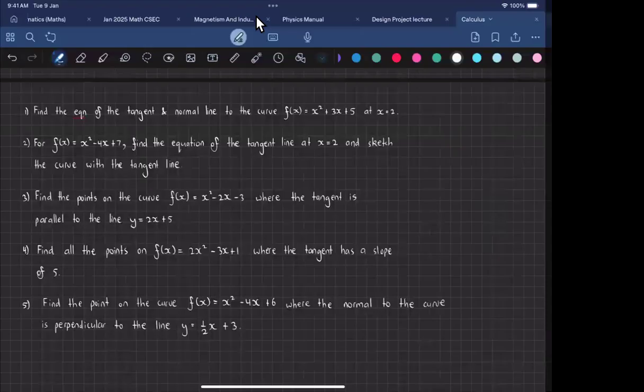I get the equation of the tangent already: y is equal to 7x plus 1. That's correct. Nice. The equation of the normal is kind of creeping me out because I get a big fraction. You get a big fraction. That's correct. Okay.